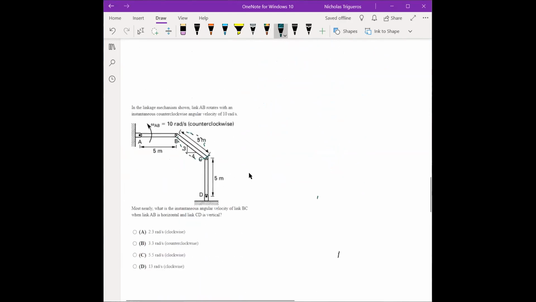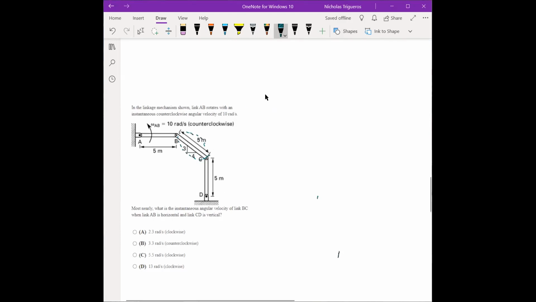Okay, now we have our instant center problem. In the linkage mechanism shown, link AB rotates with an instantaneous counterclockwise angular velocity of 10 radians per second. What is the instantaneous angular velocity of link BC, when AB is horizontal and CD is vertical? Just reminding you of kinematics.